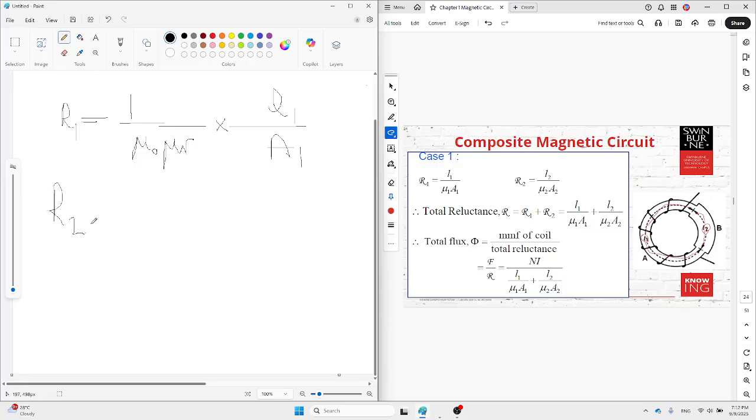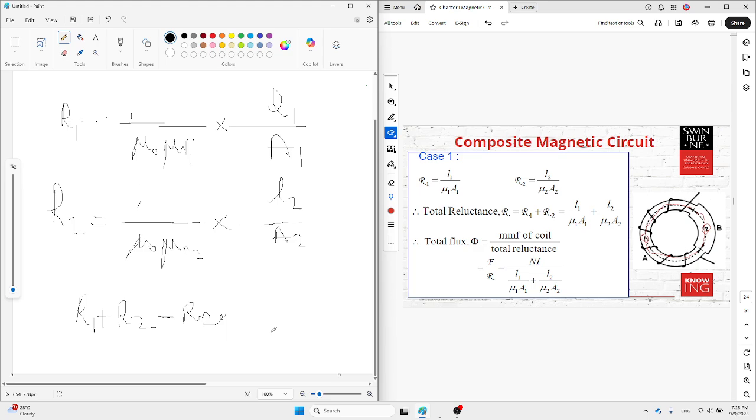And R2 in the same way, 1 over mu R1, mu 0, mu R2, if it's two different materials. If the material is the same, no problem. But L2 and A2, of course, you can see from the visualization, are two different values here. Then R1 as a series connection plus R2 equals the total, correct?